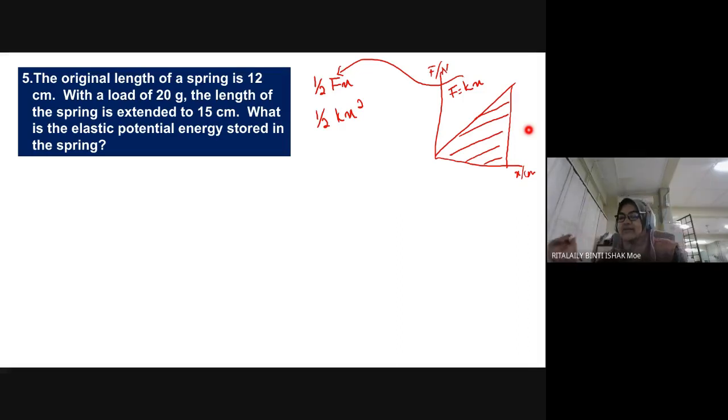So what is your answer? The original length of the spring is 12 cm, and when we put 20 gram load, the length extended to 15 cm. So how much is the elastic potential energy? There are two formulas to calculate it. Which one is more suitable based on the question?